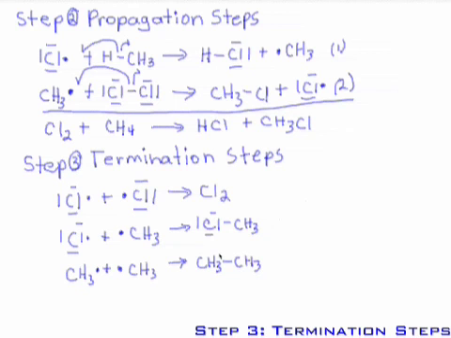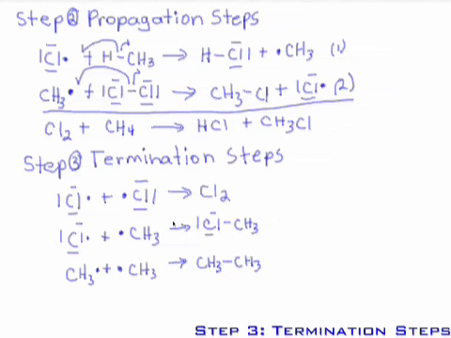So there are a variety of termination steps, and in these termination steps, as you get larger alkanes, you can introduce what are known as disproportionation, which are oxidation reduction steps as well.